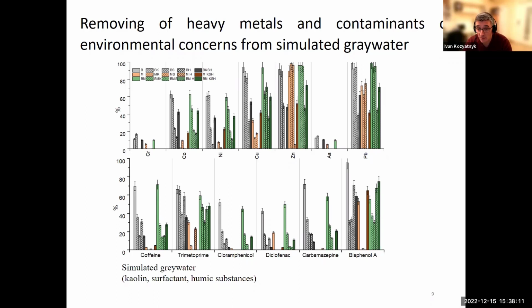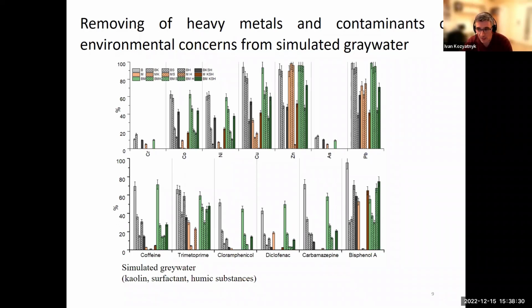And it was observed that coagulation did not occur when the Moringa extract was added to the water where humic acids were. Basically, we did not observe coagulation in this case.